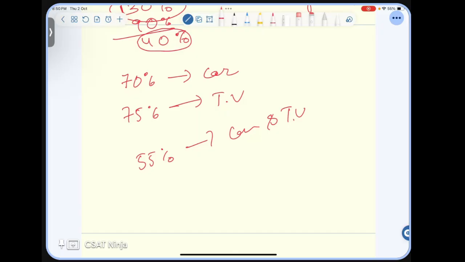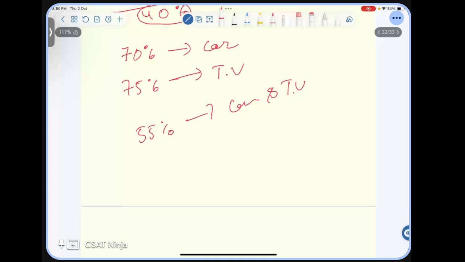Similar concept only. 70% have a car, 75% have a DVD player, and 55% have both. So let me do it like this.